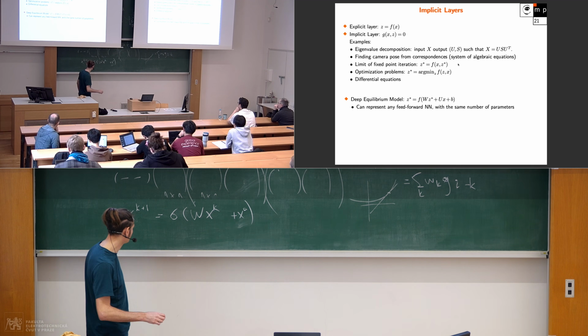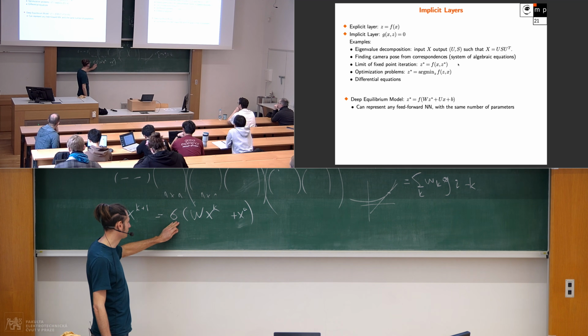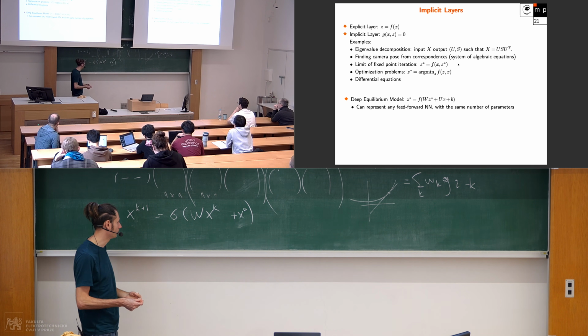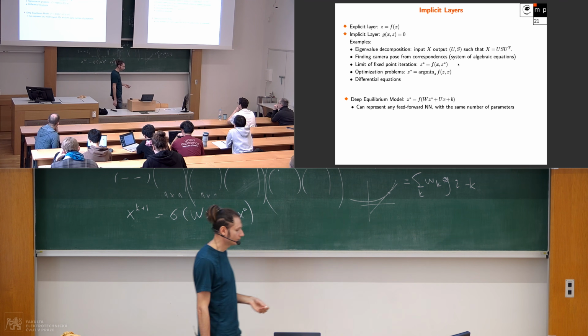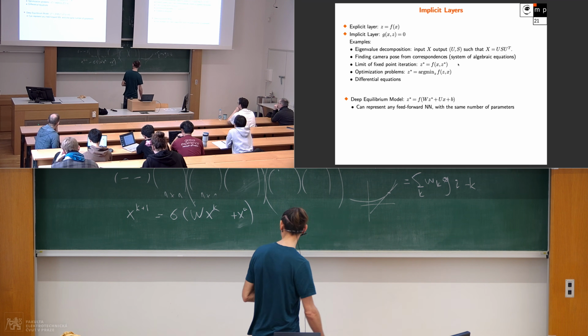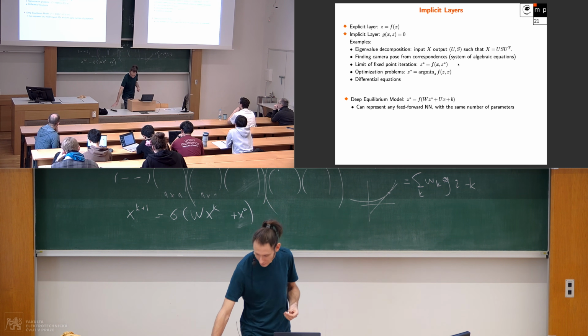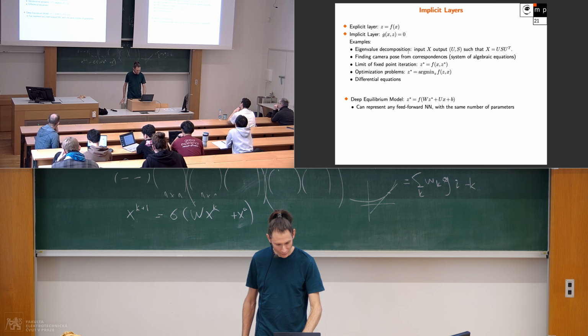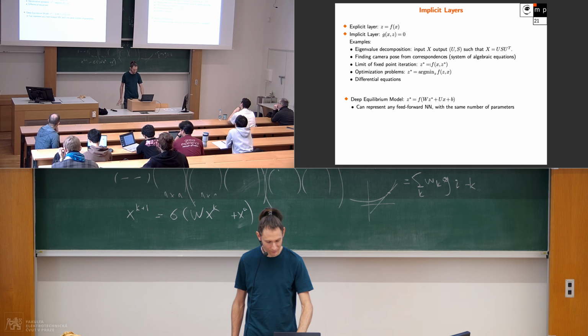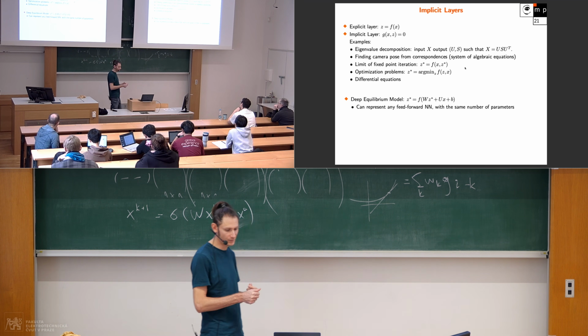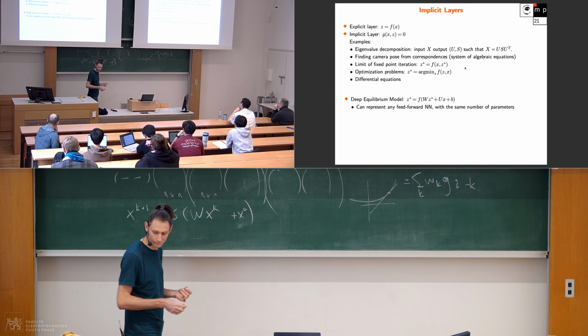So this is like a recurrent neural network with weights W. Or this fixed point equation could also represent a deep equilibrium model.